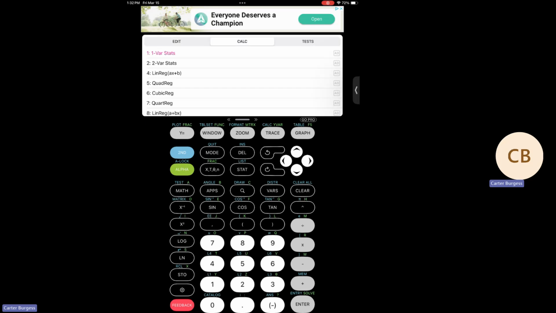Okay, normally we would do stat linreg, but what do I have to make sure I do before I do this? There's some setting that I need to adjust.